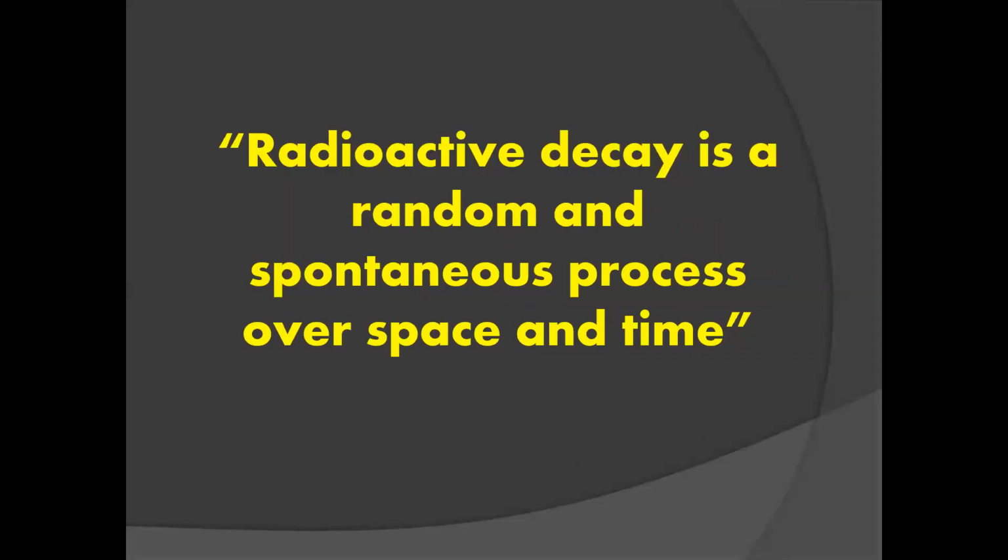So radioactive decay is a random and spontaneous process. It occurs by itself. You can't control it. Random means you can't predict it, like an earthquake is a random process. You have to copy this.